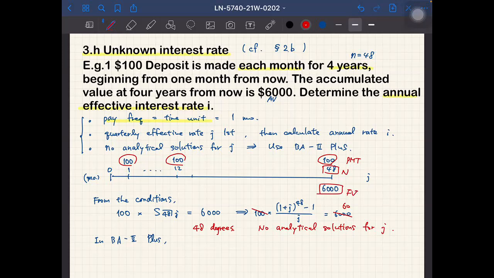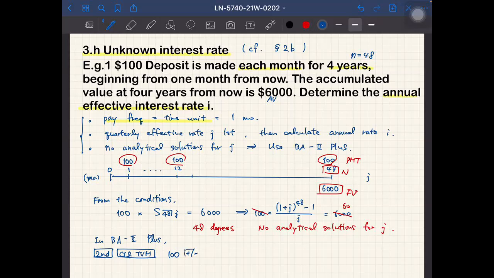In BA II Plus, at first we clear the memory, then second, clear the TVM, time value of money, function. After that, the $100 payment we put as negative, because we have to put one cash flow as negative and the other side as positive.